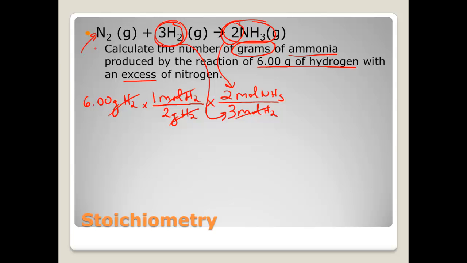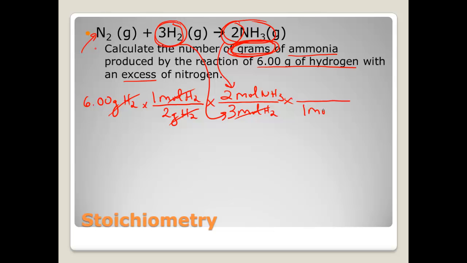But that's not what they're asking for. They wanted us to determine the amount of grams of ammonia. So in order to convert moles of ammonia into grams of ammonia, what do I need? Molar mass. Where do I find the molar mass? Look on the periodic table of elements.